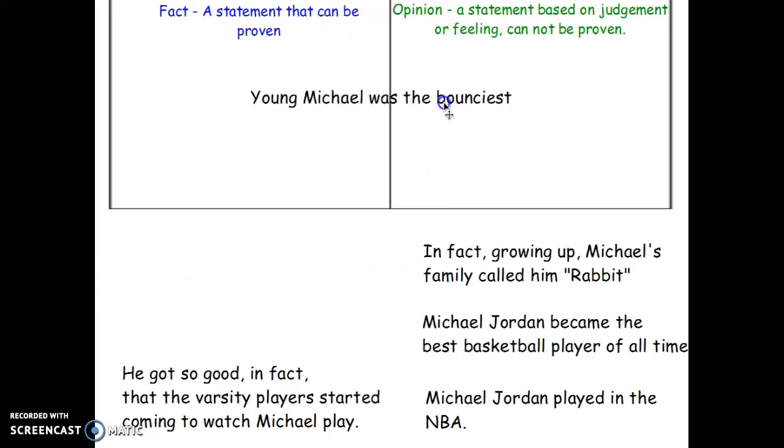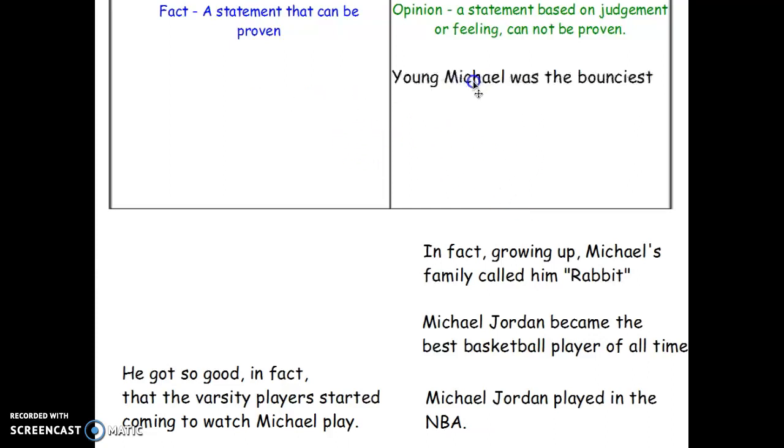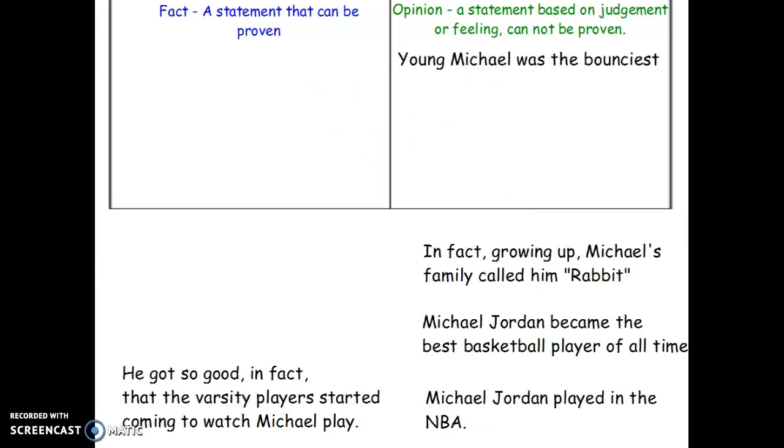For example, young Michael was the bounciest. Think for a moment, would that be fact, a statement we can prove, or an opinion, the way someone thought or felt about Michael? This statement is an opinion. First of all, we see that clue. There's an EST word.